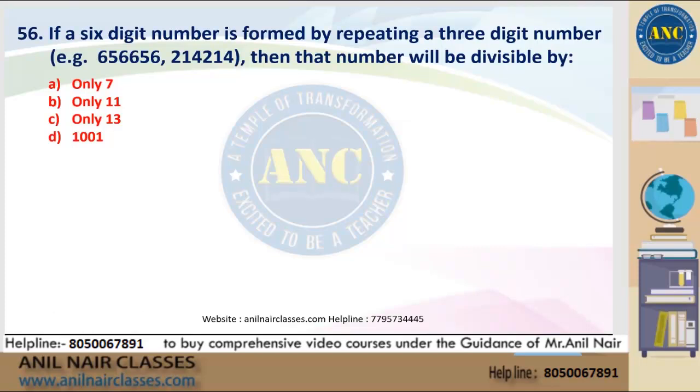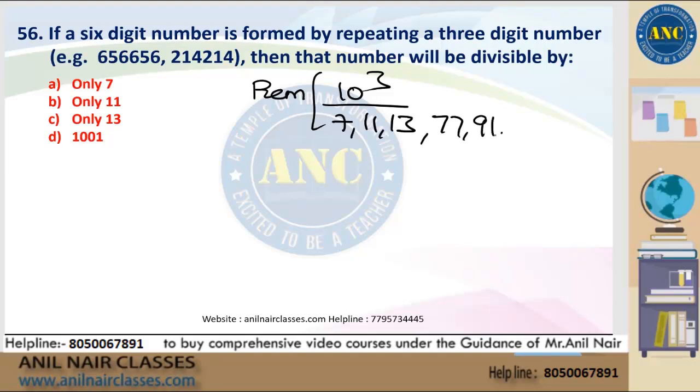If a 6-digit number is formed by repeating a 3-digit number, already what we wrote, remainder 1: 10 cube divided by 7, 11, 13 or 77, 91, 143, 1001. This is nothing but minus 1.